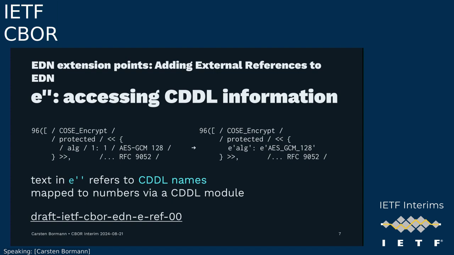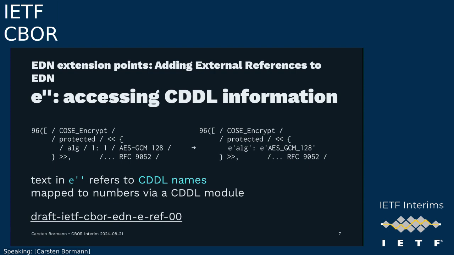So this is the E extension, which can be used to work on an example during a time when you don't have your code point allocations yet. So you can write an example that will stay valid, that will stay correct while the code point allocations are still being worked out. So the text within the E is just a CDDL name.